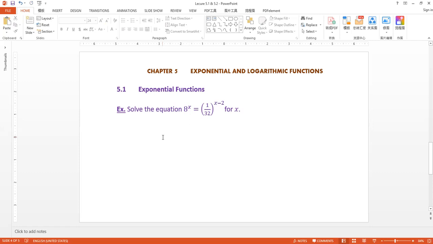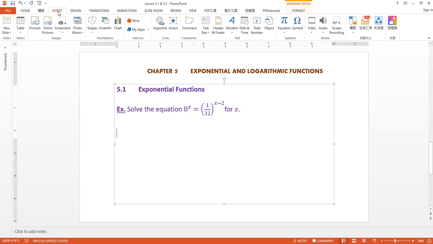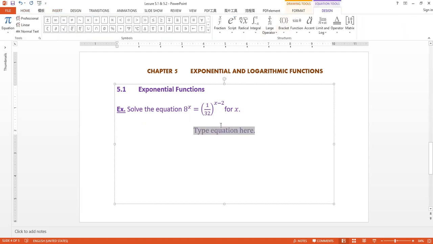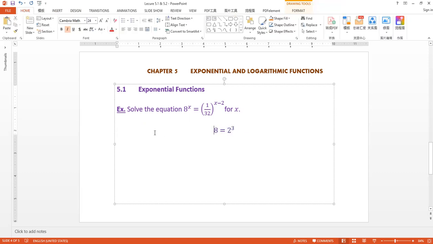For example, we can rewrite 8 as 2 cubed. Okay, so that's a start.